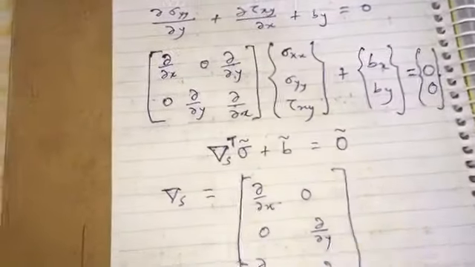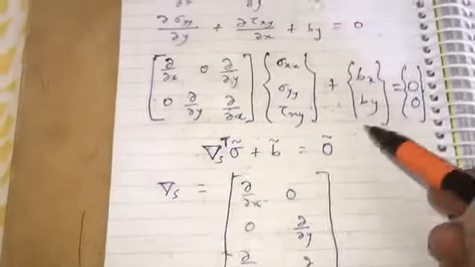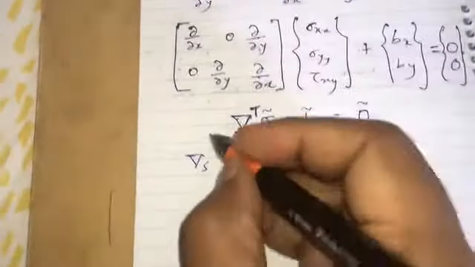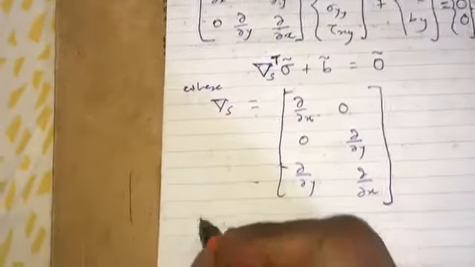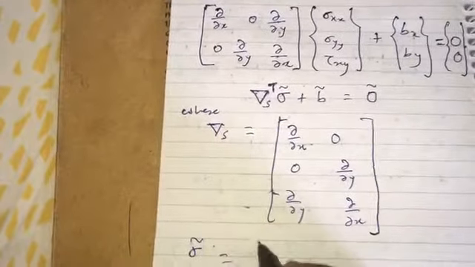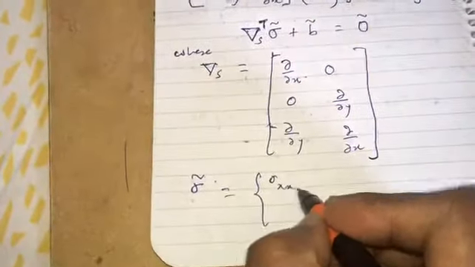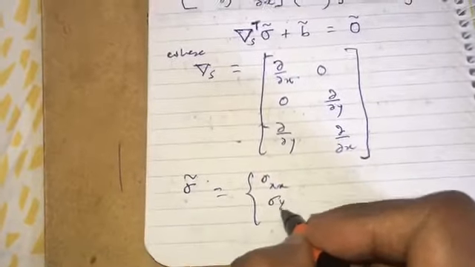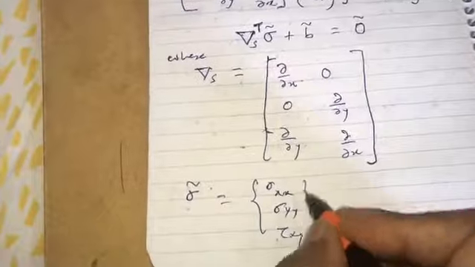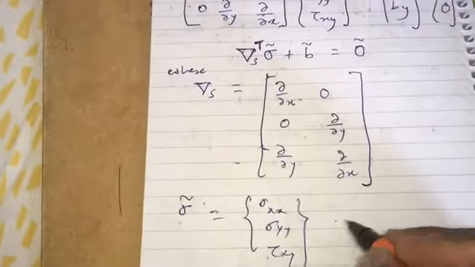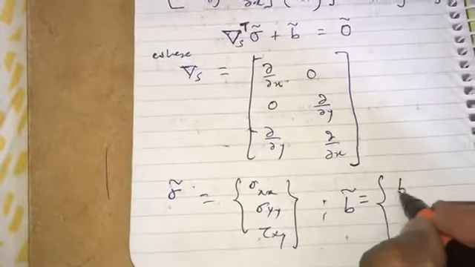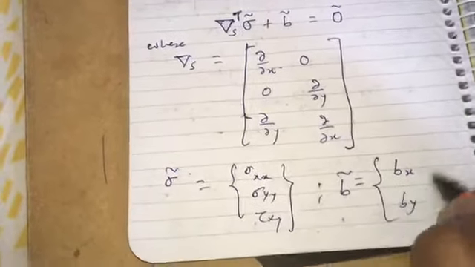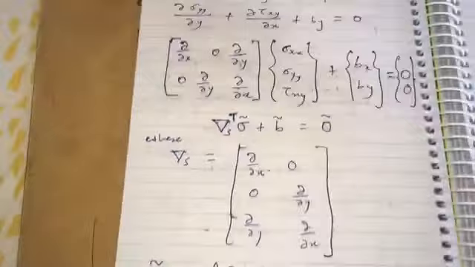And this is sigma vector, which is equal to sigma xx, sigma yy, tau xy, and b vector given by bx and by. So we can write like this.